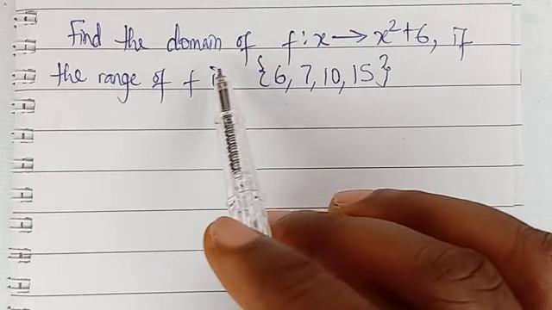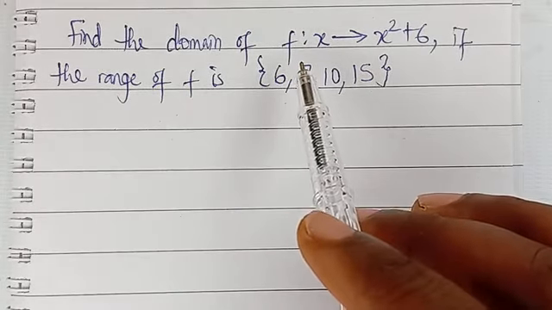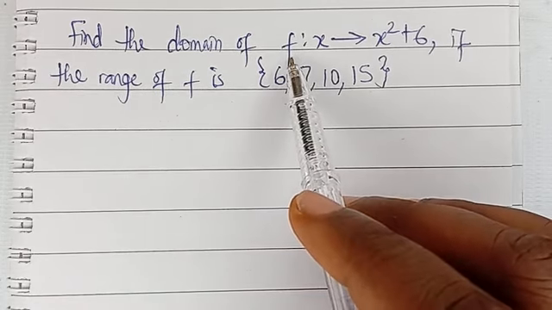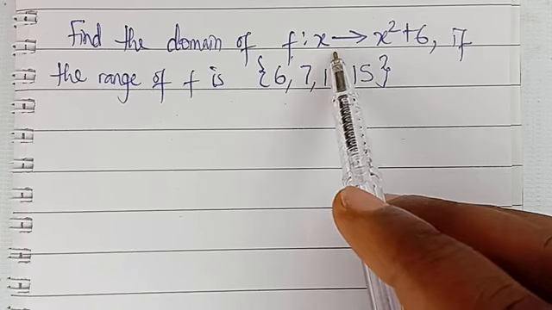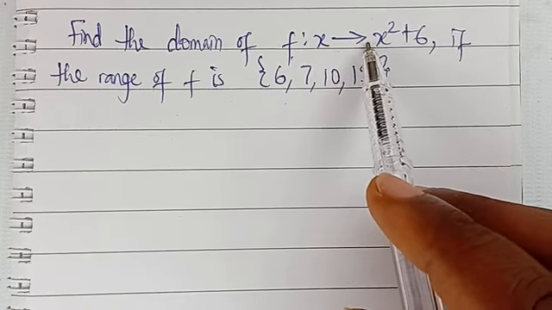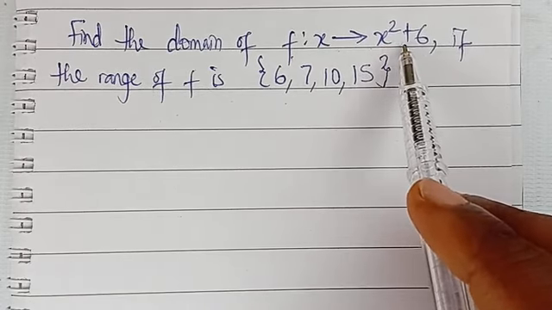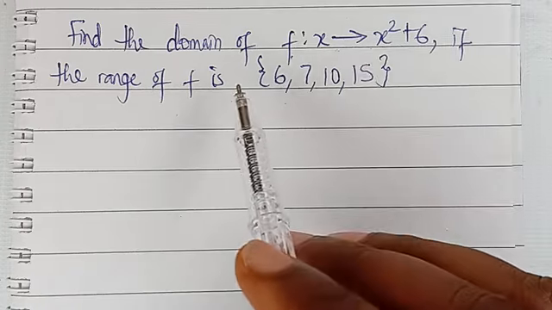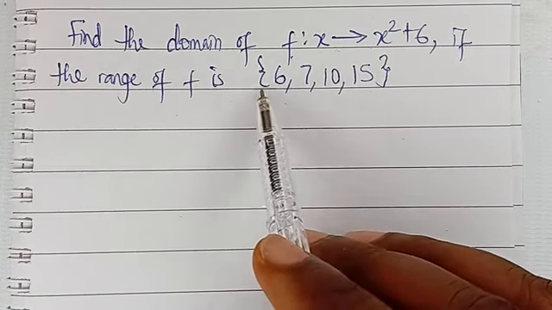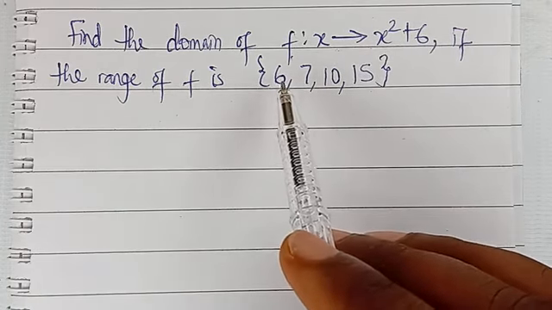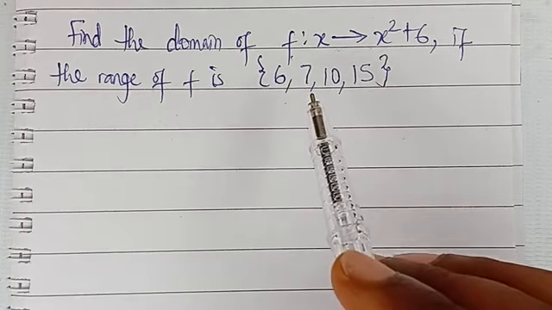Okay, find the image of the function f such that f of x has this relation, x squared plus 6, if the range of f is this. So remember we just talked about range or image.